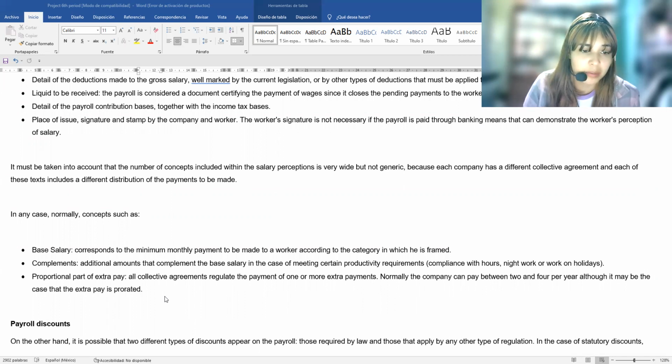In any case, normally there are concepts such as base salary, the minimum monthly payment to be made to the worker, the complements, amounts that complement the base salary, and the proportional part of extra pay.